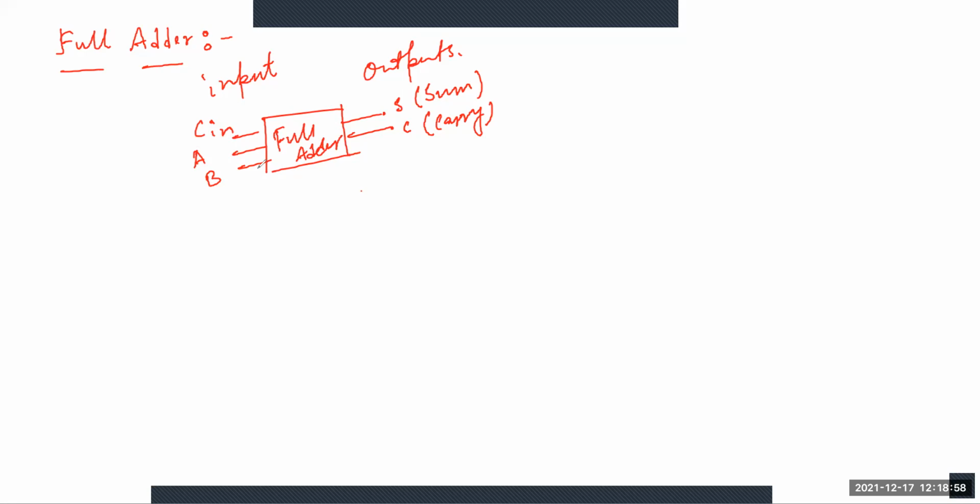At the end we get the outputs: the sum, denoted by S, and the carry, denoted by C. You can say this is the C out. Next, the truth table of this full adder circuit.